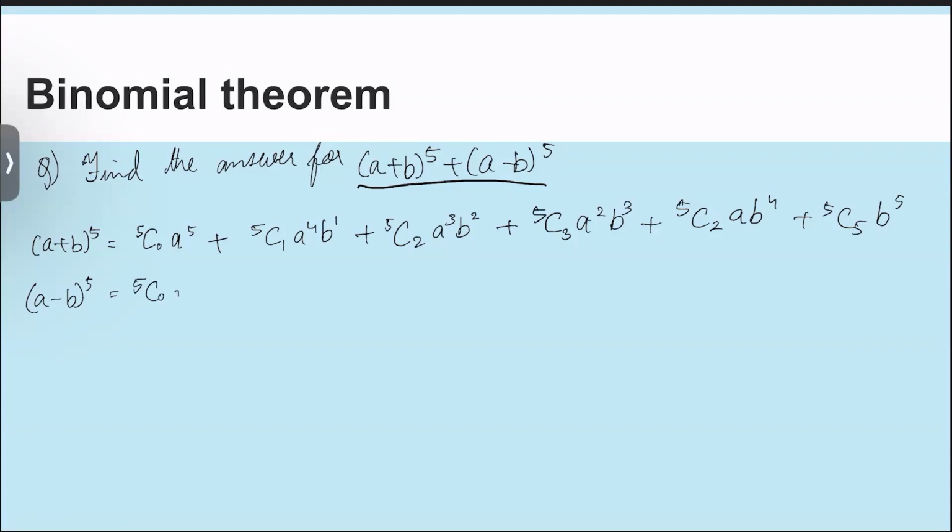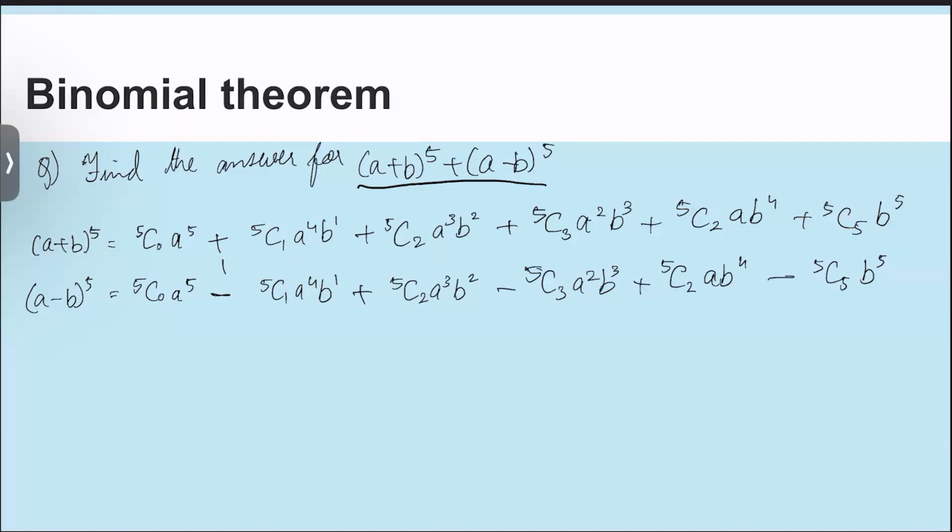So first let's just write all the terms: 5c1 a raised to 4 b1, 5c2 a cube b squared, 5c3 a squared b cube, 5c4 a b raised to 4, and then 5c5 b raised to 5. Okay, now just change the signs of the alternate terms for a minus b the whole raised to 5.